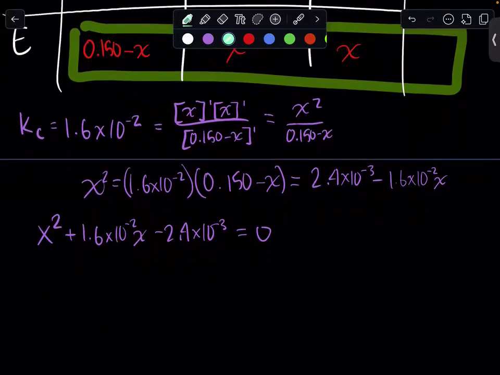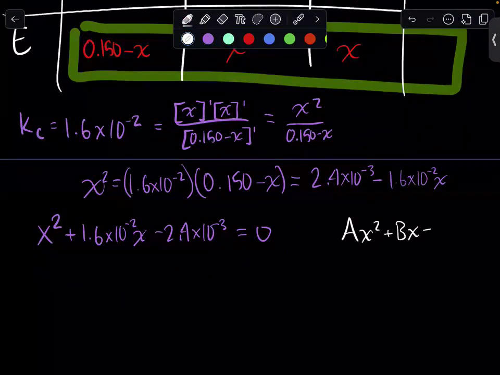If we think of this as a quadratic, we have ax squared plus bx plus c equals 0. So in this case, a is 1, b is this value, c is this value.